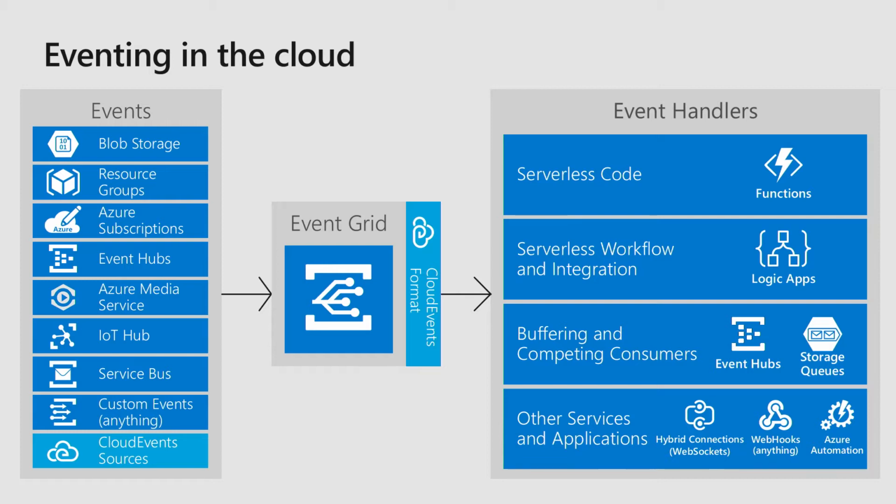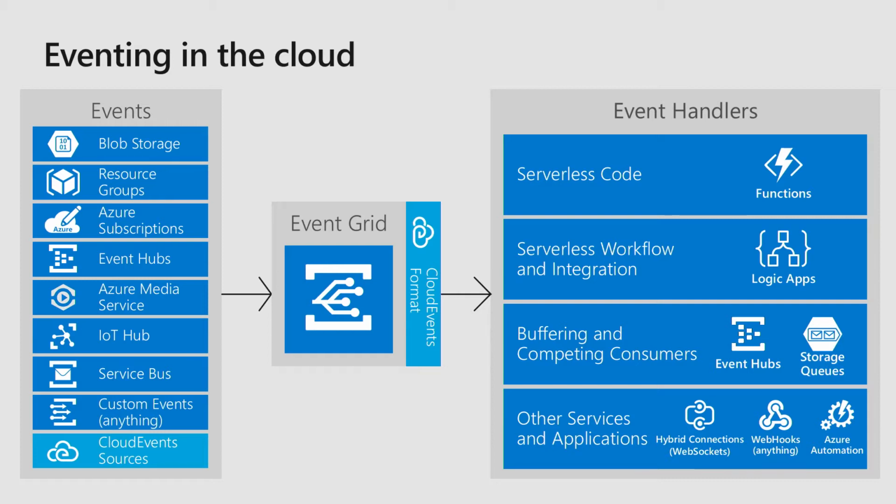What I mean by serverless here is that everything is click and browse, a fully managed platform. You don't really have to manage any infrastructure to make this work. You just click the resource you want, you tell it the endpoint that you want, and then the events start flowing. You pay as you go, so you pay per event that you consume, and you can put filters on the wire so that only certain event types receive certain events.